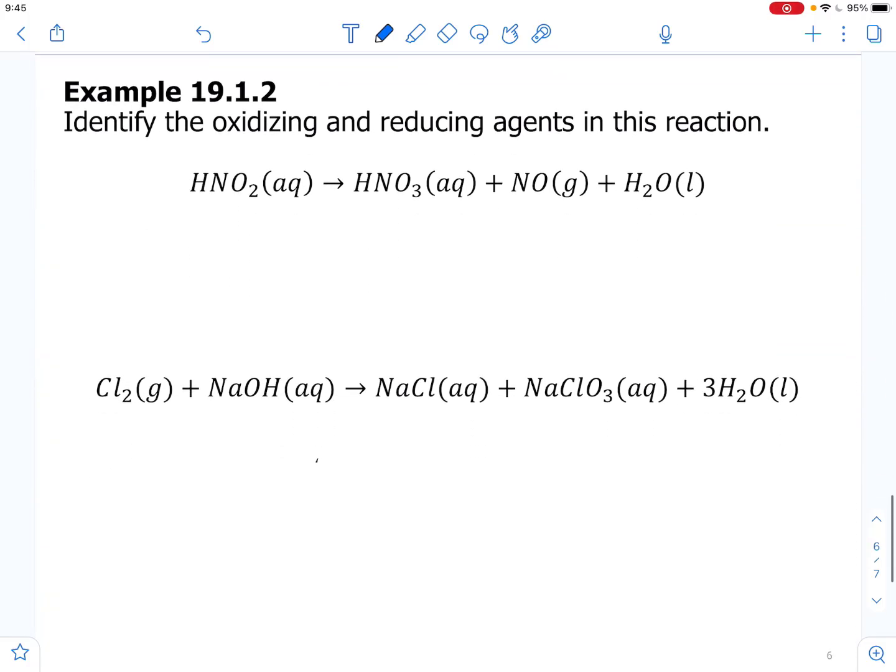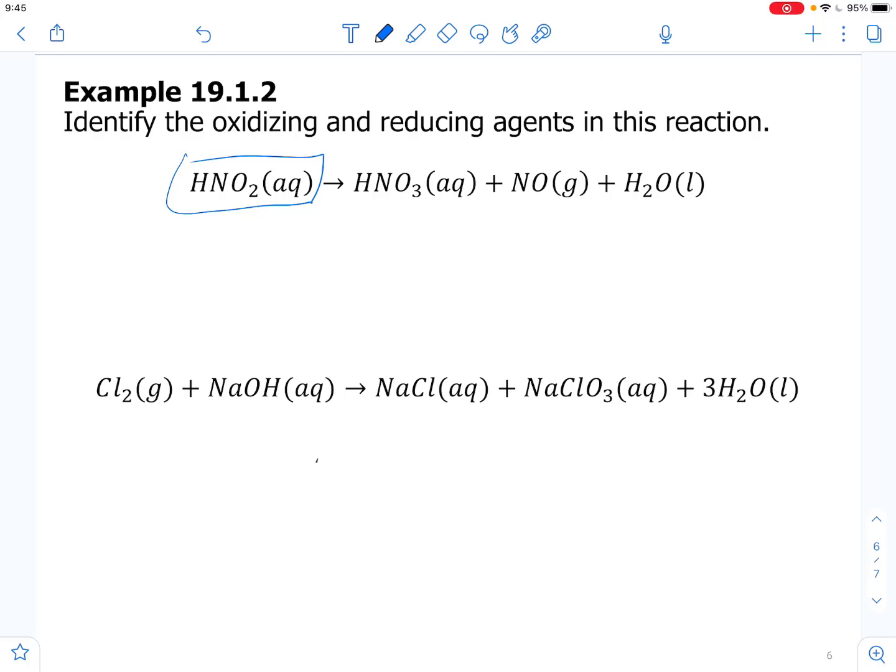So in these two reactions, identifying the oxidizing and reducing agents in this reaction, well, pretty much if you only have one reactant here, that would be the case. That is the same, the oxidizing agent and the reducing agent. But just for the fun of it, let's write our equations, right?